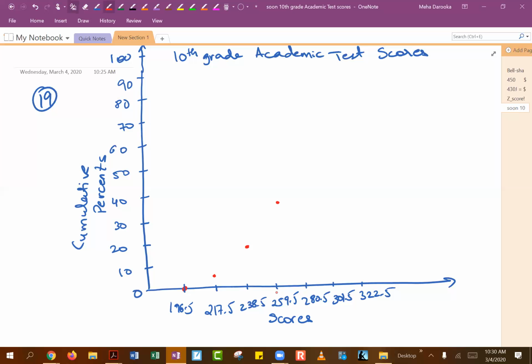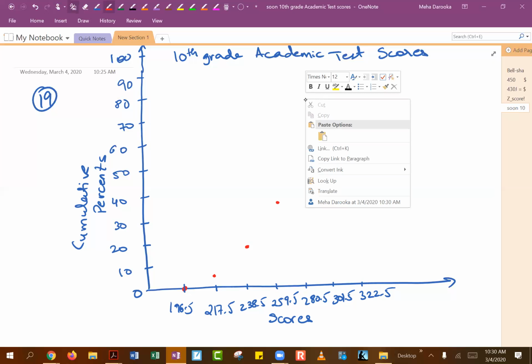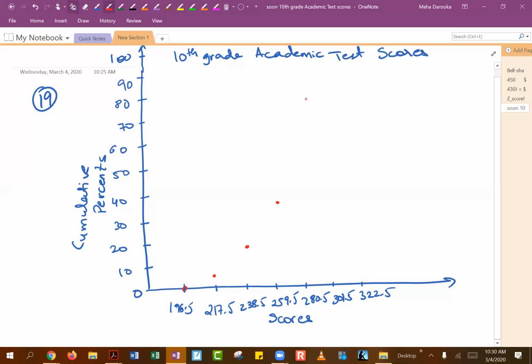280.5 was 77%. So same thing, more than halfway between 70 and 80, but not quite 3/4 of the way, I guess. Maybe somewhere over there. 301.5 was at 95%.